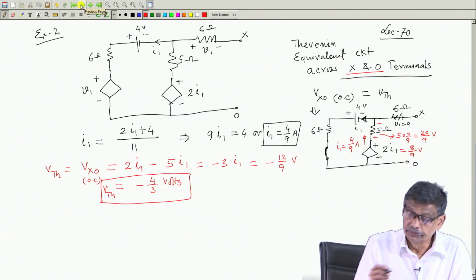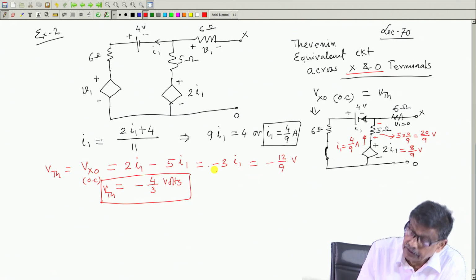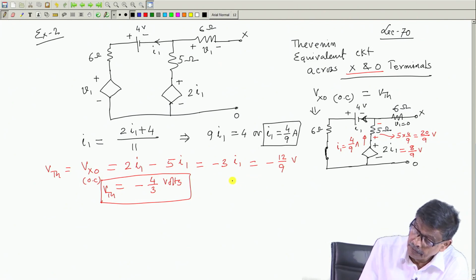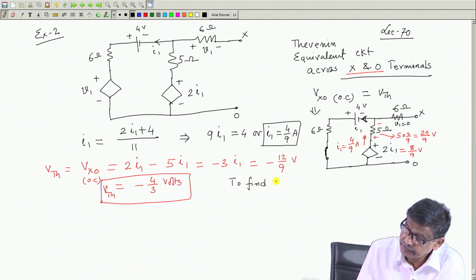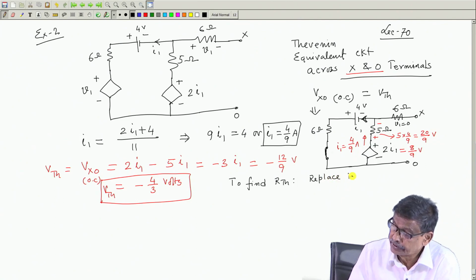What I should do, let me draw here, enough space is there. So, first to find R Thevenin, replace independent sources.